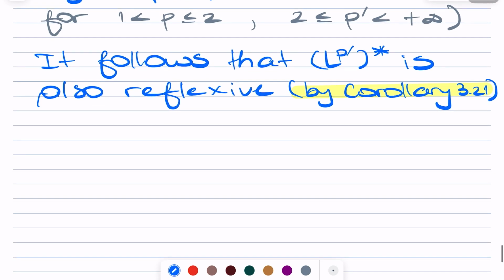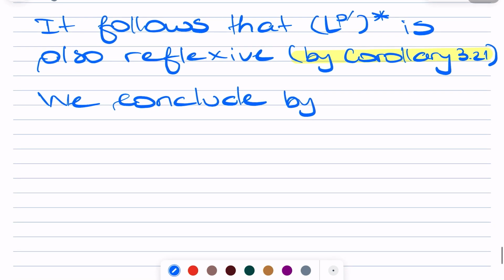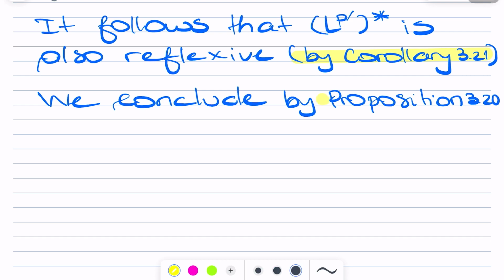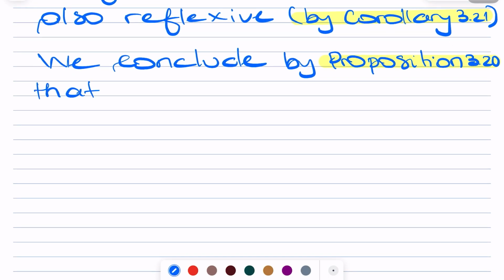So we conclude by, I think it was, proposition 3.20, that T(L^p) is reflexive. Because we saw that any closed linear subspace of a reflexive space is reflexive.